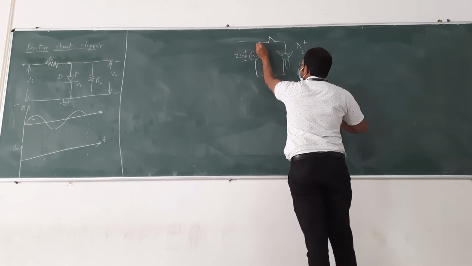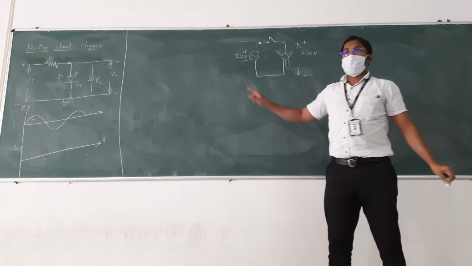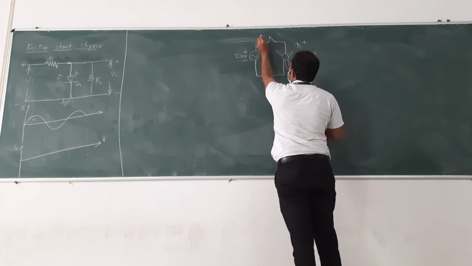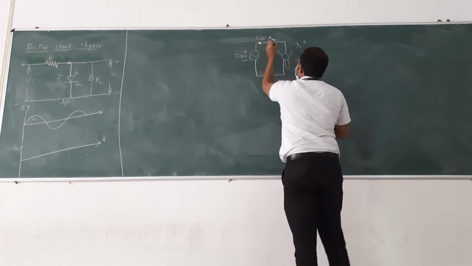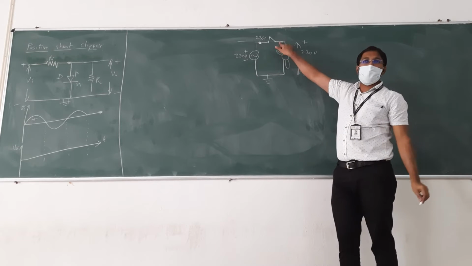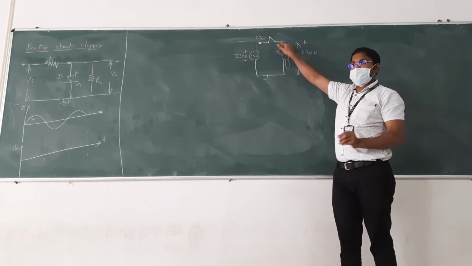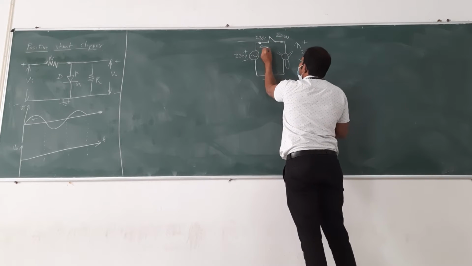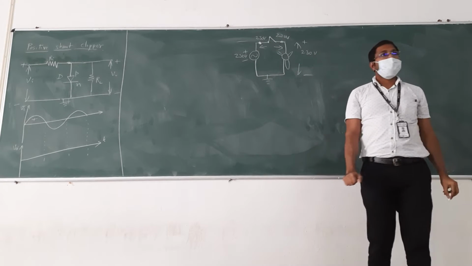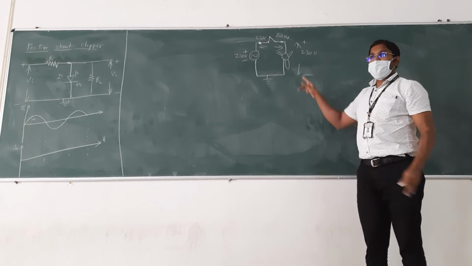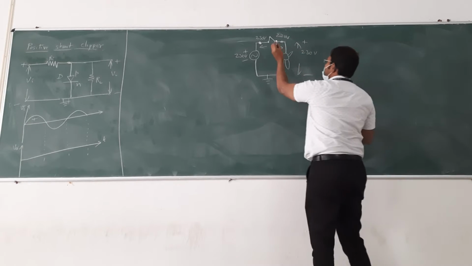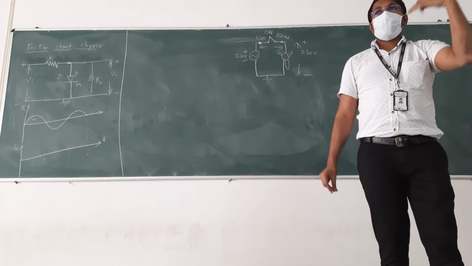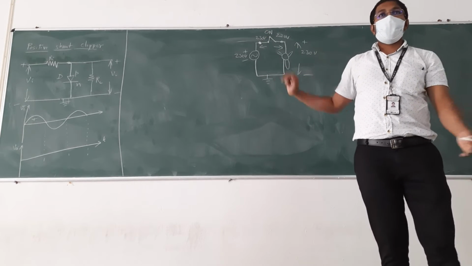What is the voltage here? 230 volts. When we ground this terminal, what is the voltage here? 230 volts. What is the voltage across the switch when it is on? Voltage across means voltage at one point minus voltage at the other point.